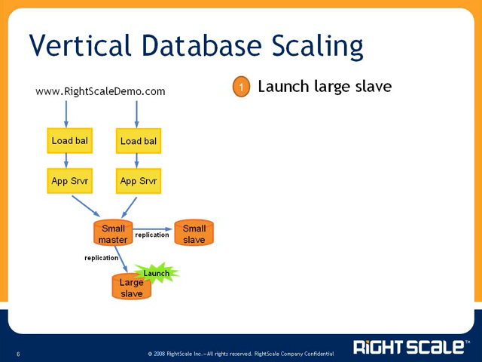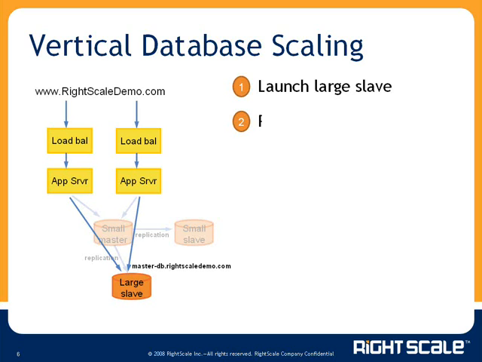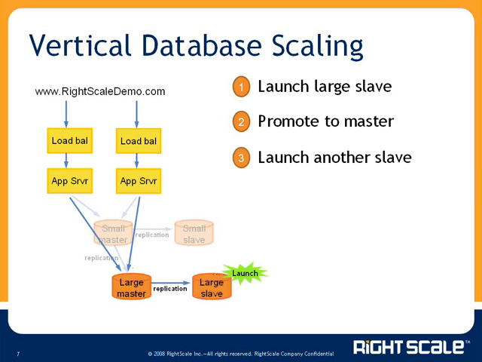So what we'll show you is launching a large slave. This is taking a large instance and launching that, and bringing it into replication with the existing master, so it is current and has all of the data. Once that is running properly and everything is looking good, we can fail over the app servers to the new master. So basically promote the new machine to a master and do a failover.